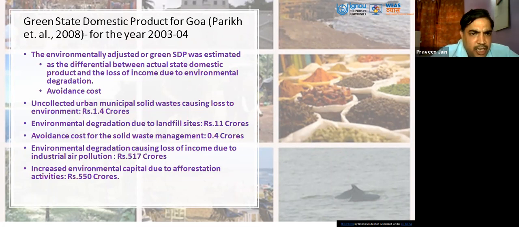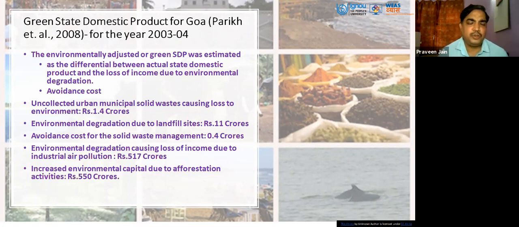They estimated the environmentally adjusted or green state domestic product, and they calculated it as the difference between the actual state domestic product and the loss of income due to environmental degradation, and it also includes the avoidance cost. So there was a figure already available, the state domestic product, and they calculated the loss of income due to the environmental degradation, and also they calculated this avoidance cost.